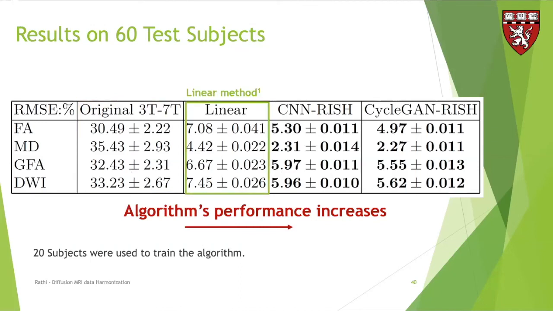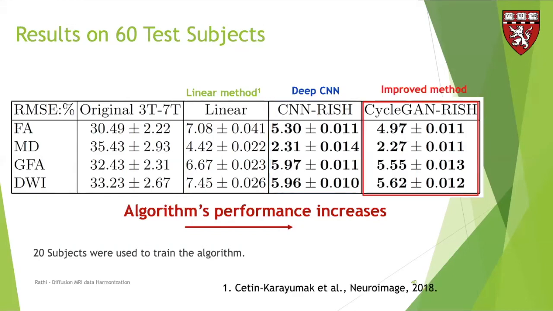Using just the linear method that we talked about earlier, the differences go down dramatically, but are potentially not there yet. Then we use the deep CNN, which I mentioned earlier. And finally, another method which we used was cycle GAN, which is another form of deep learning method, the generative adversarial network.